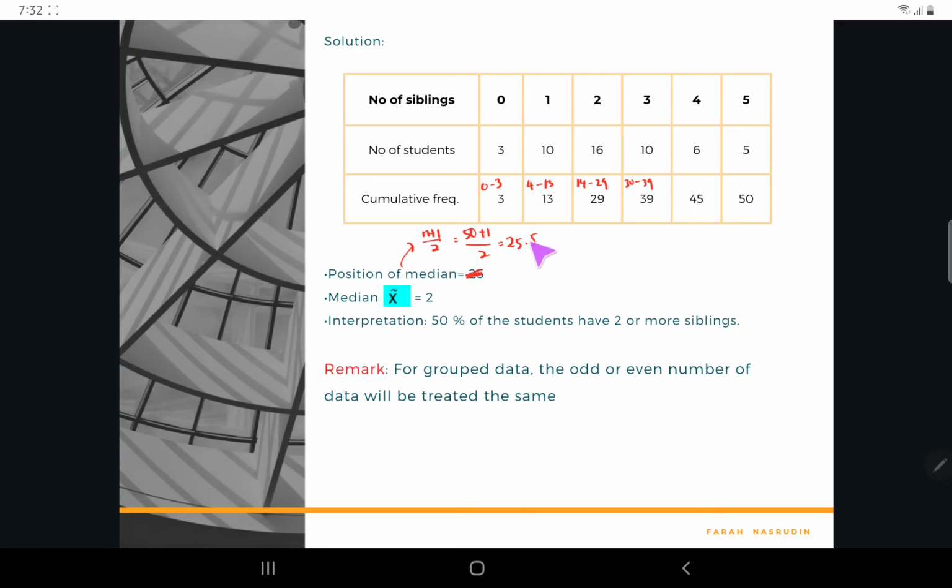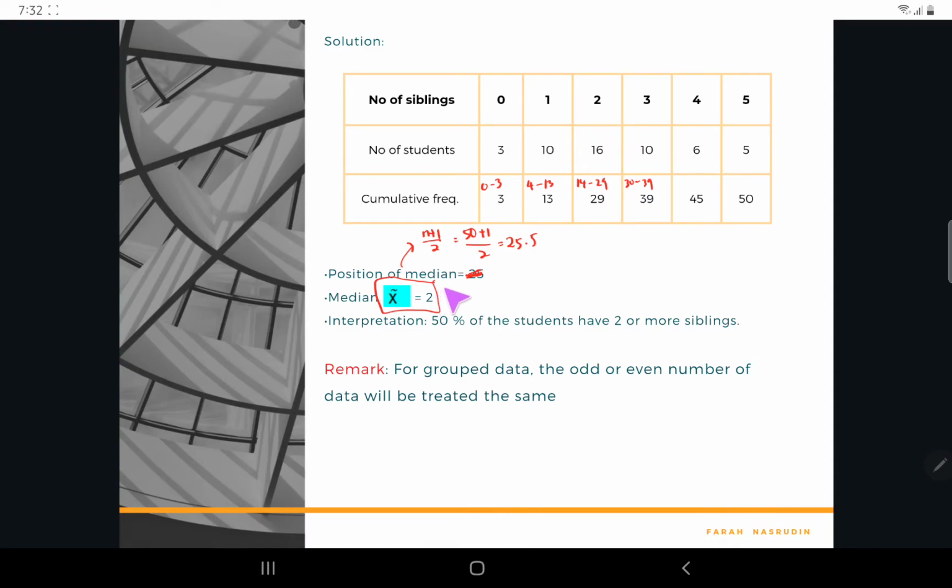So we can see here that 25.5 lies in this interval. So our median is equal to 2. Because 25.5 lies in this interval, this is our median. So our value of median is equal to 2.